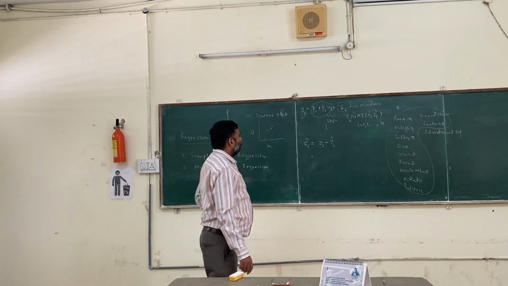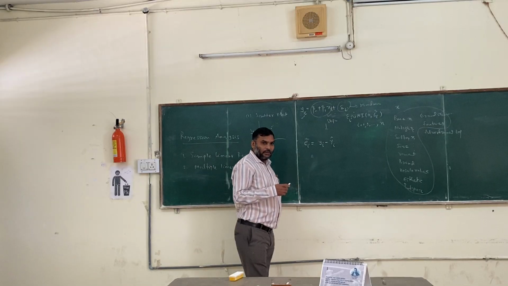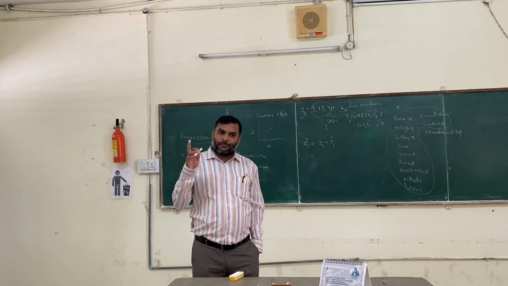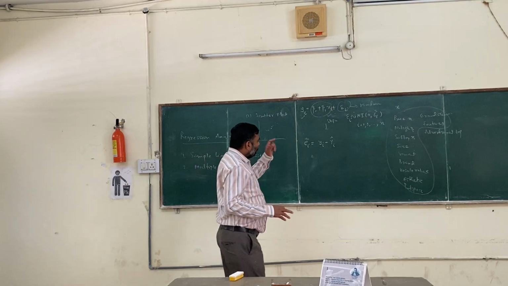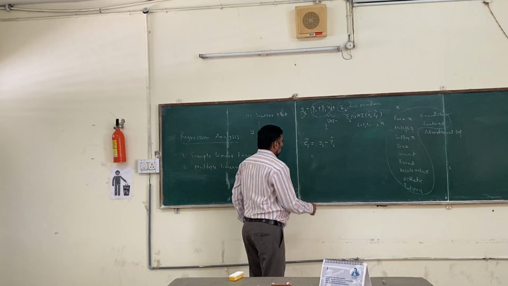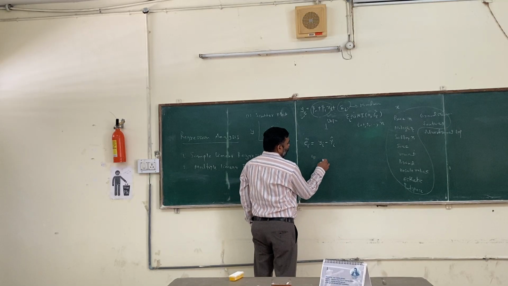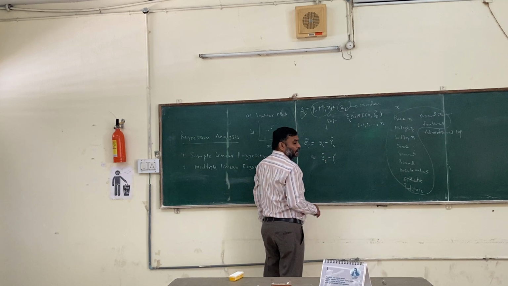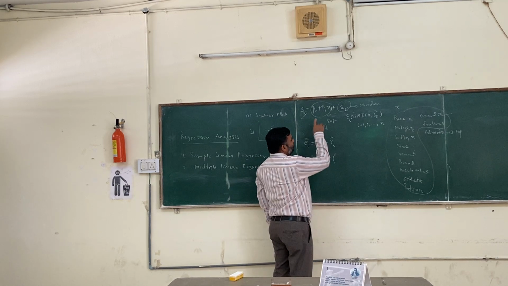So that is how we apply the OLS method, the ordinary least squares method, to minimize the sum of squares due to error, so that we can have estimates of beta 0 and beta 1. Here the estimate of beta 0 is beta 0 cap, and the estimate of beta 1 is beta 1 cap.